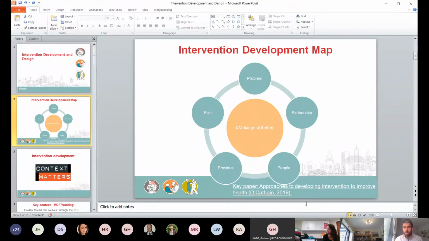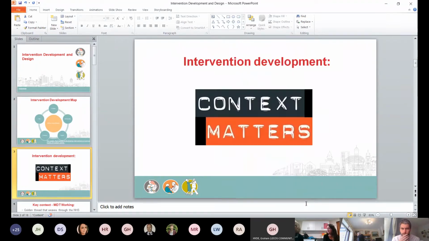And then ultimately this arrives at a plan. What are we going to do about all of this knowledge, all of this context? So the next slide is really drilling down into the importance of that context.